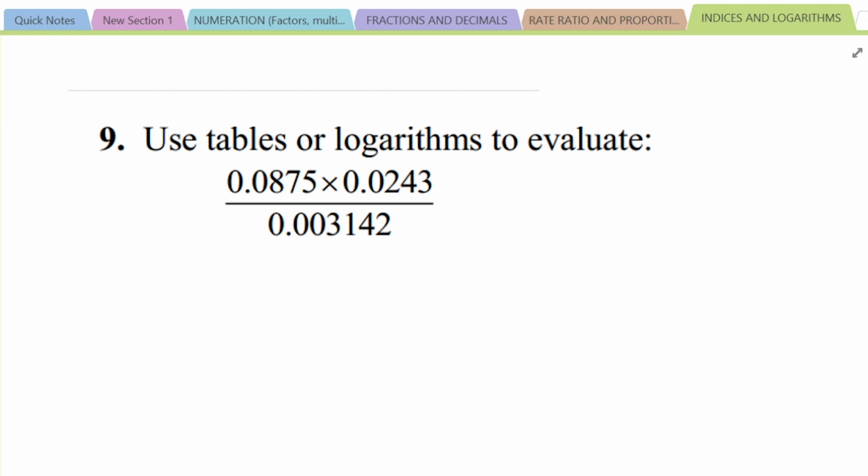However, I have decided that I will do these kinds of numbers in a separate video where I will expound on how we use log tables to evaluate these kinds of numbers. If you are interested in looking at these kinds of numbers, simply let me know in the comment section below.